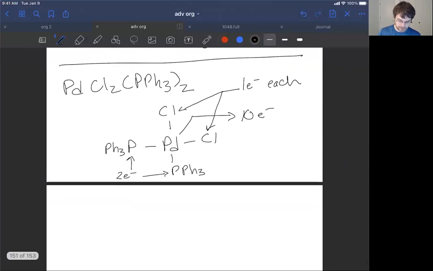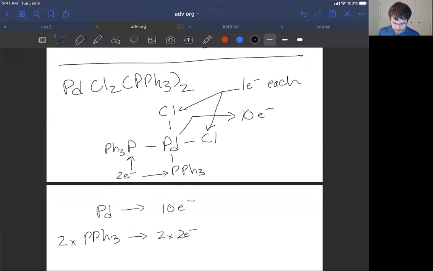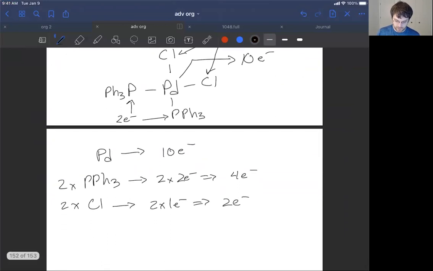So if we look at this, we've got palladium, which is going to be 10 electrons. We have the triphenylphosphines, 2 of them, which is 2 times 2 electrons, which is 4 electrons. And then we have 2 times the chlorines, which is 2 times 1 electron, which is equal to 2 electrons. So 10 plus 4 plus 2, and our charge is 0, is 16 electrons.